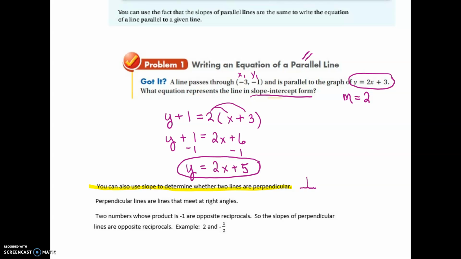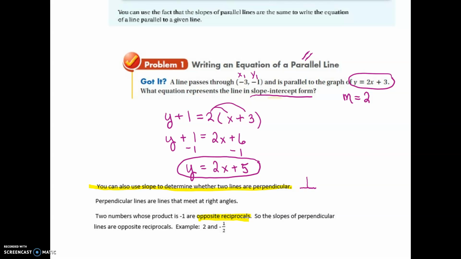So in this case, we also need to talk a little bit about opposite reciprocals, because we're going to need to use those. Let's try that again. So opposite reciprocals are slopes of perpendicular lines.